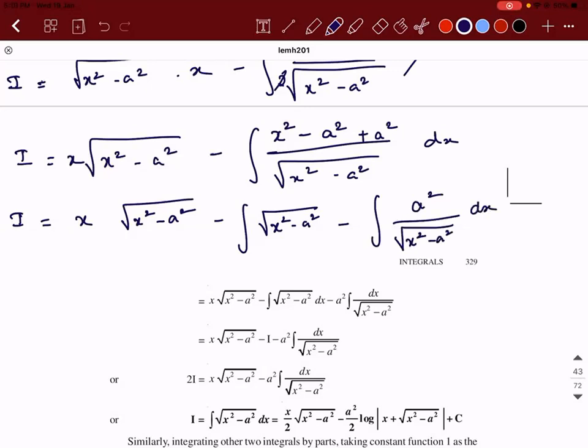Just check this step. If there is any doubt, get it clarified. So here it is root of x square minus a square dx.